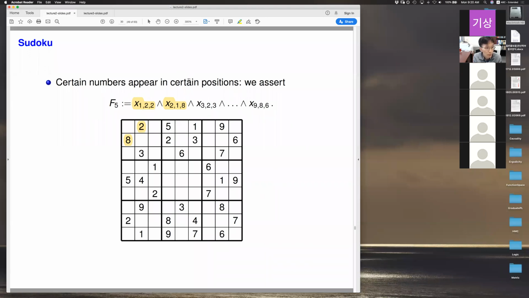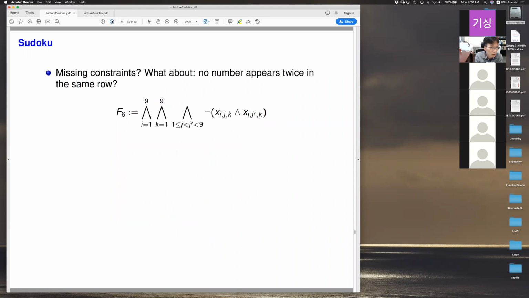It turns out if we combine all of F1 up to F5, which we defined in this slide and the previous slide, that provides a complete description of this particular Sudoku problem. So for instance, one other property of the Sudoku is what you see in F6, which says every row will never contain two of the same number.